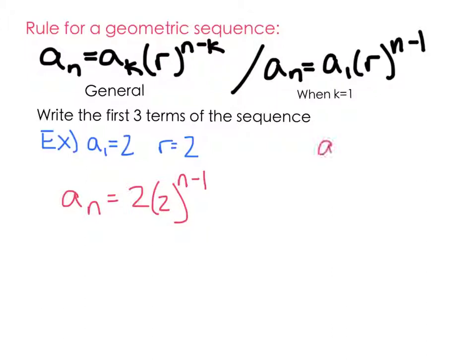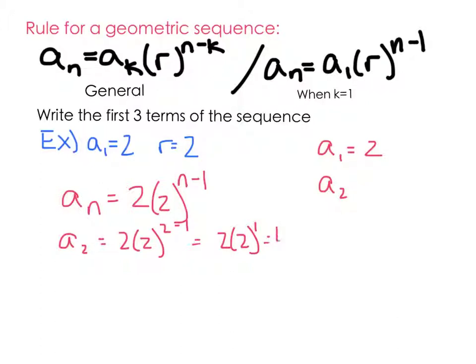I already know the first term. Now I need to figure out the second. So a sub 2 would be 2 times 2 to the 2 minus 1. Well, what's 2 minus 1? 1. So that's just 2 times 2 to the first, which is equal to 4. Yeah, that's right.